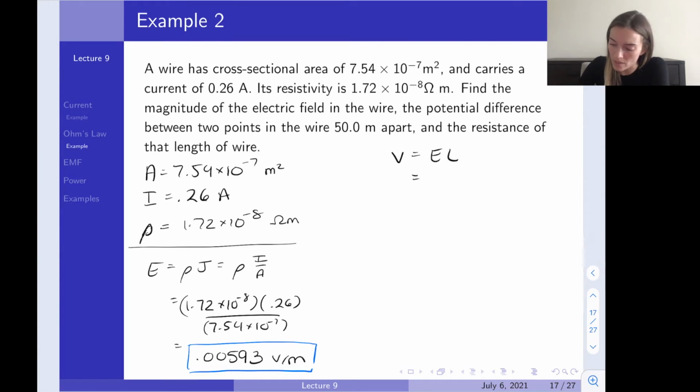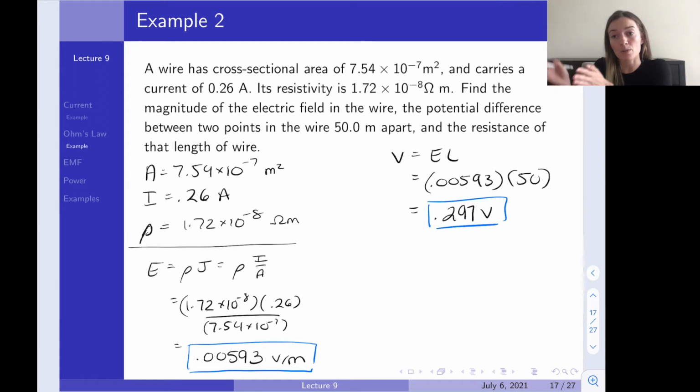So all we have to do is multiply our electric field by the distance, which is 50 meters, and we get 0.297 volts. So that is the potential difference between 2 points 50 meters apart.